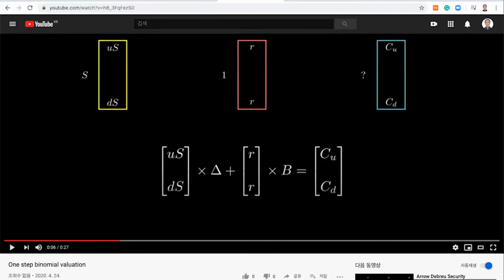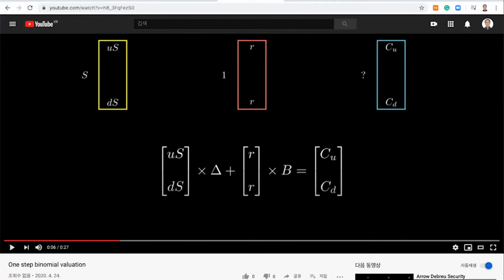So if you remember correctly, we take this part as our first vector, and this part as our second vector. And then what we did a week ago is to calculate how much I should have of the first game and how much of the second game in order to replicate the payoff of the third game.